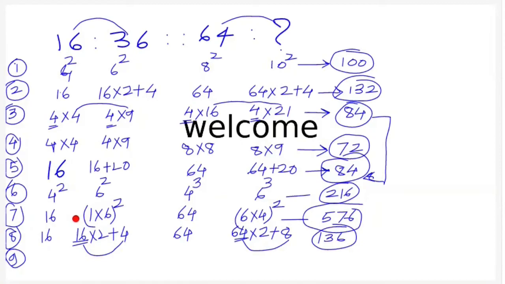16 is to 36, 64 is to what? 16. What is the square root of 16? It is 4. 4 into 9, that is 3 square. I am writing 3 square. 64 is what?